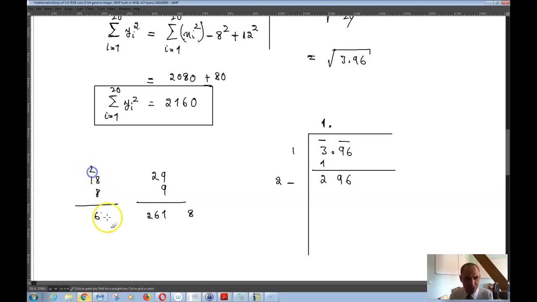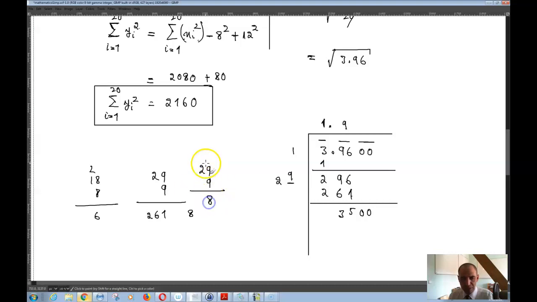If I subtract, I get 3. Then 29 plus 9 is 38, so you have 380.